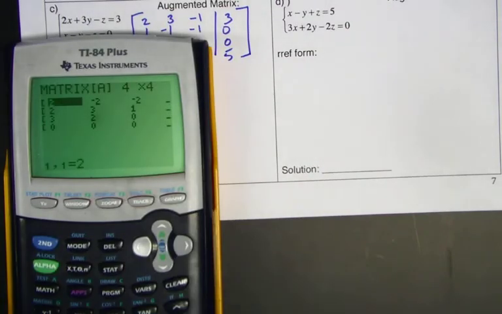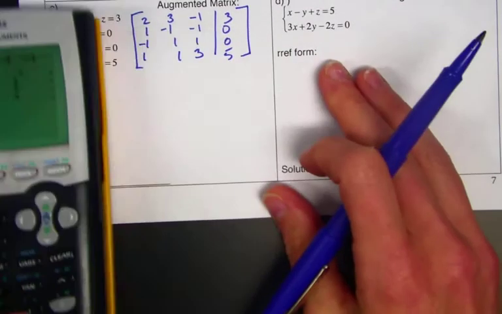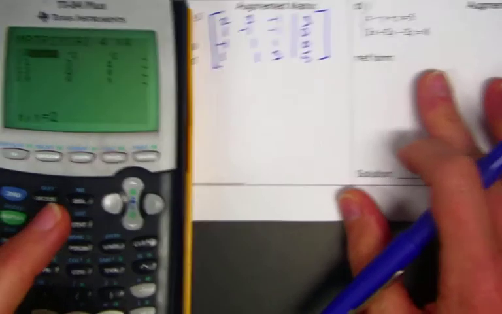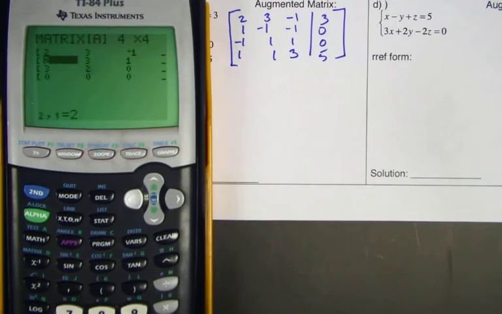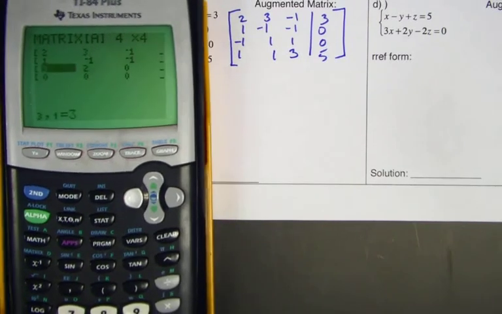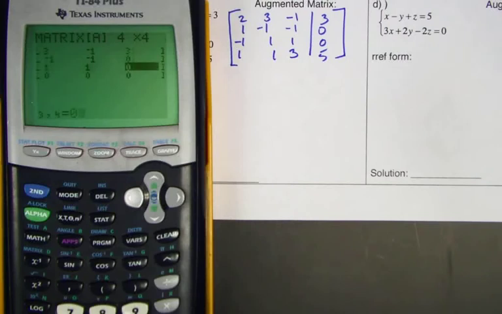Right there. And our 4 by 4 is going to be 2, 3, -1, 3, 1, negative 1, negative 1, 0, negative 1, 1, 1, 0, 1, 1, 3, 5.